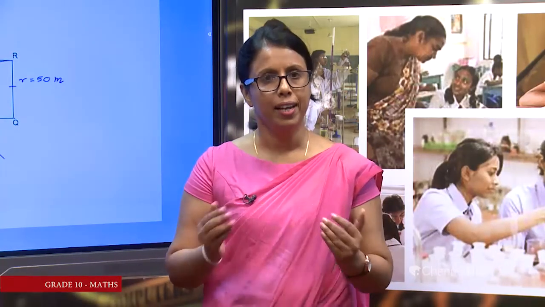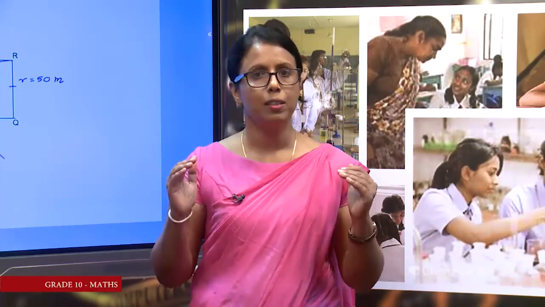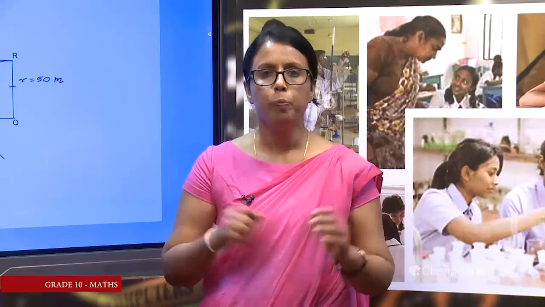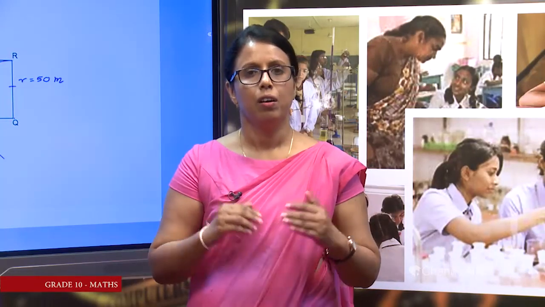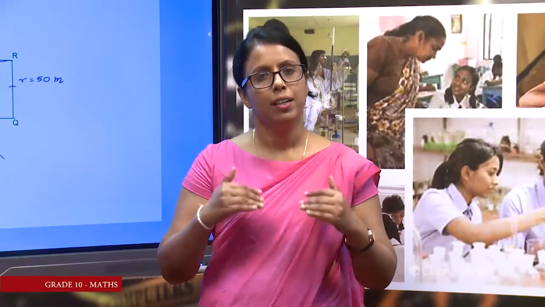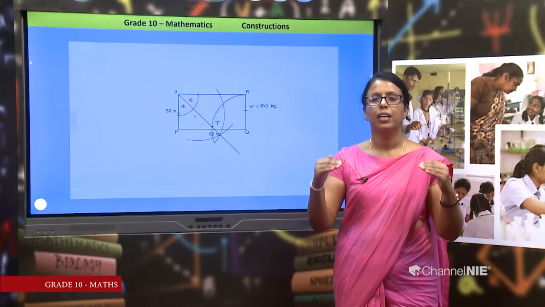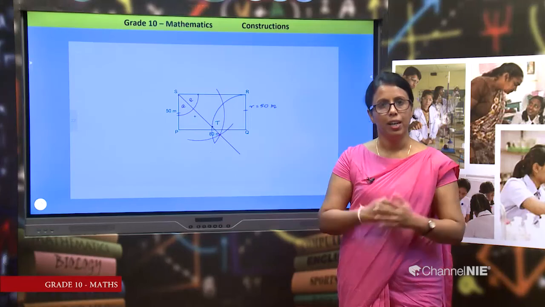So, what is that, children? That is a pair of parallel lines, 2 parallel lines on either side of the given straight line.